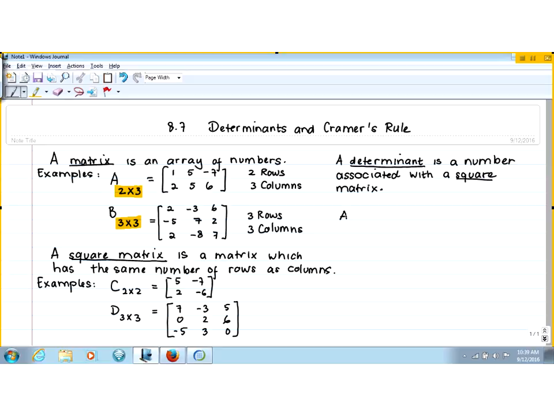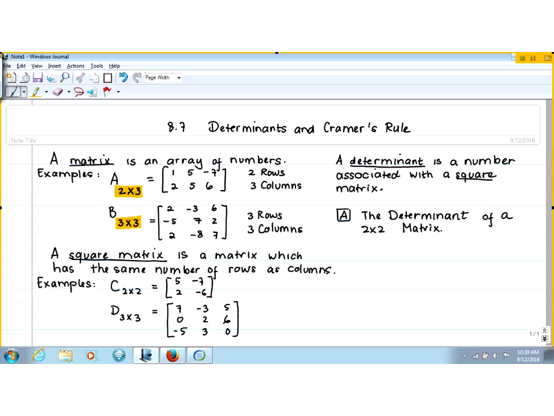Okay. So let's talk about the determinant of 2 by 2 matrices. Alright.